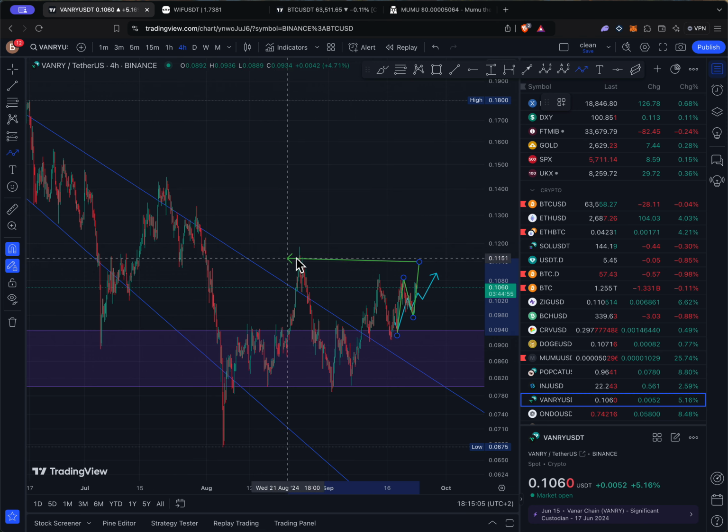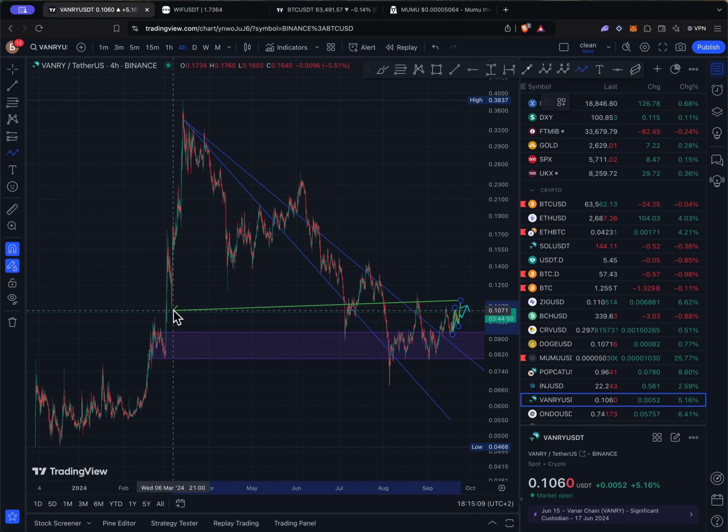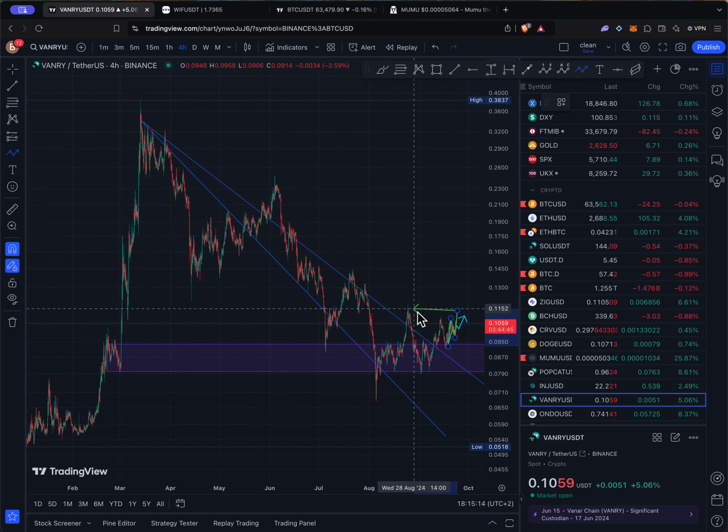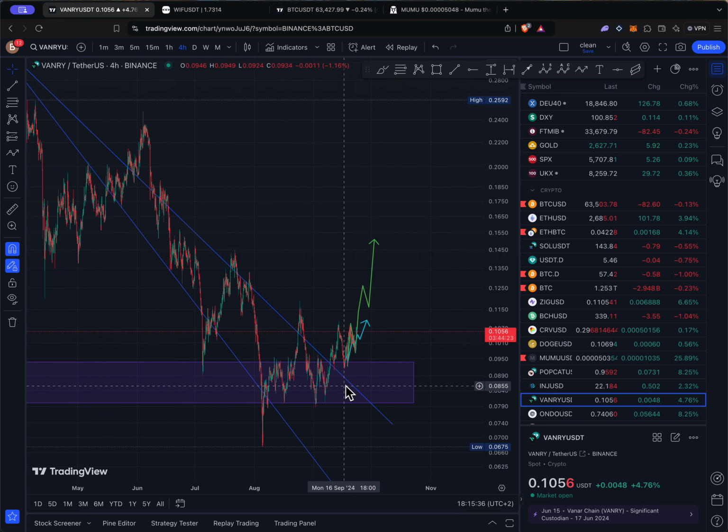From here we see this is a resistance right now, and also has confluence in here. This was support that turned into a resistance from here. This zone here too. Well, normally we should get somewhere, maybe even higher, because this went even more bullish than it was before. And this could be the next kind of move Vanry could be about to pull.